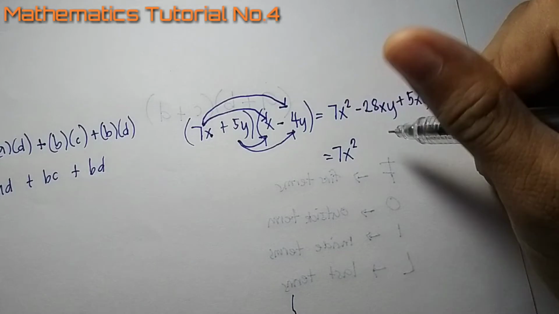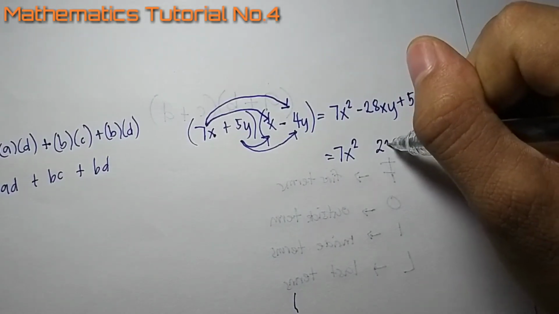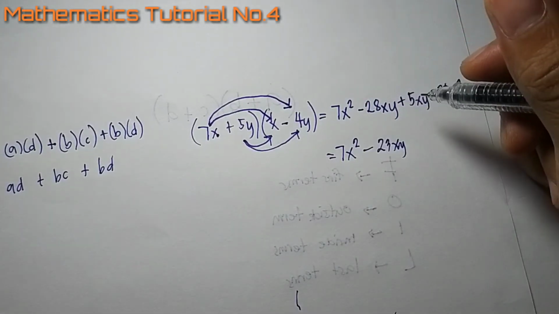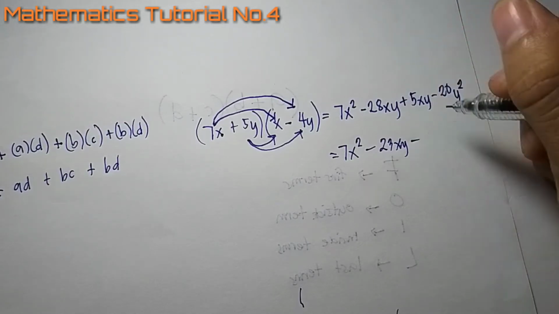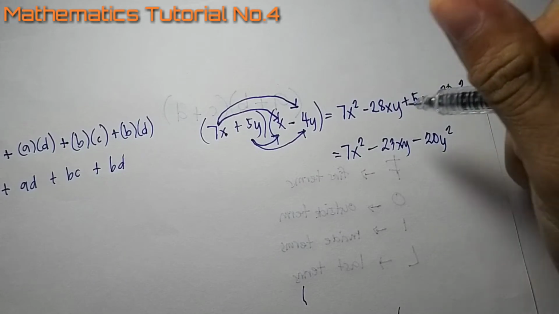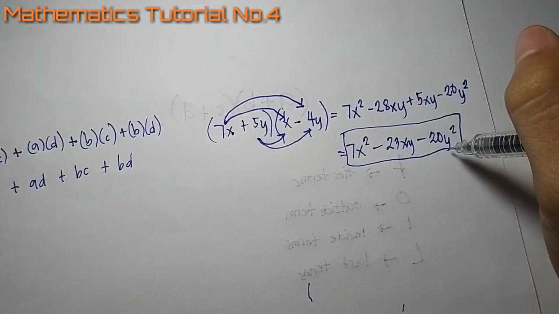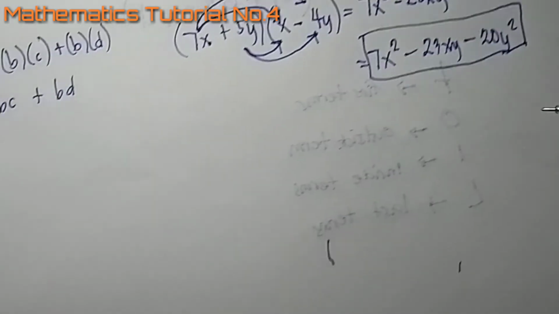So, pag minus na to, that is 23xy. Unya, ang sign sa dako nga number is negative. So, mahimon na siyang minus 23xy. Unya, minus dayon sa nabilin 20y squared. So, this is now the product of 7x plus 5y times x minus 4y.